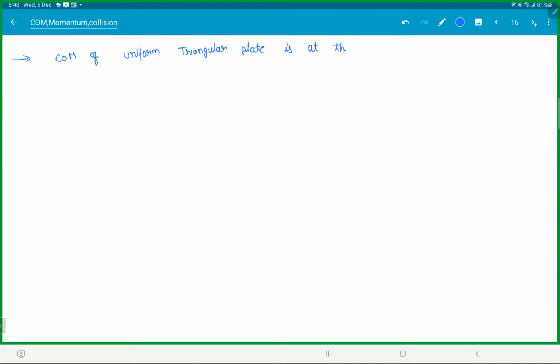Is it the centroid? It doesn't matter. You can take even a scalene triangle. Centroid is the center of mass.